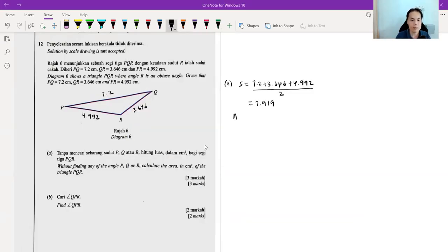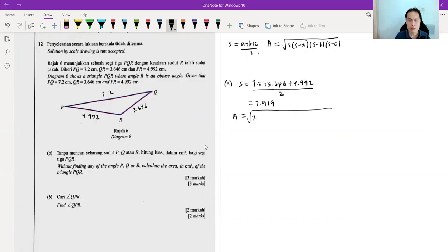Now remember, the formula for Heron's law, if you cannot remember: S equals a plus b plus c over 2, where a, b, c are the lengths of the sides. Take the difference between the semi-perimeter and each individual side, put a square root over, and get your area.